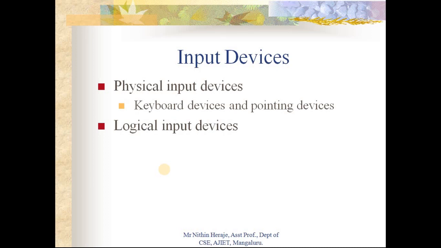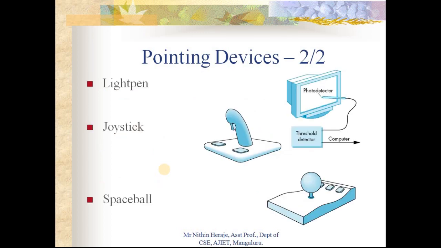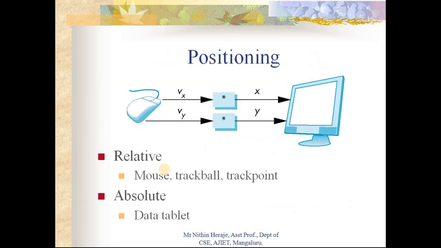Whereas for logical input devices, an example is the scanf function in a C program, which acts like a logical input device. Looking at different pointing devices, we have mouse, trackball, data tablet, light pen, joystick, and space ball.